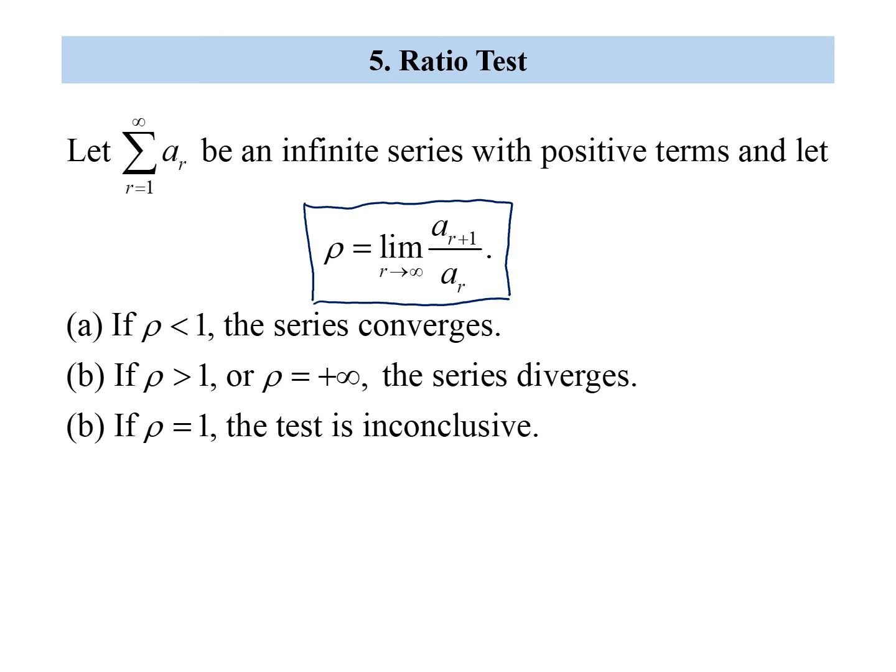If rho is greater than 1 or rho is equal to infinity, we can say that the series diverges. And if rho is equal to 1, we say that the test is inconclusive. It means that the series can converge or diverge. So if you get the value of rho equal to 1, then just write down that the test is inconclusive.